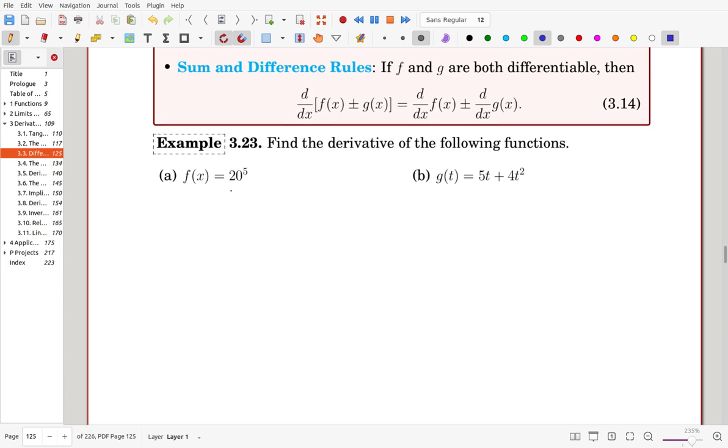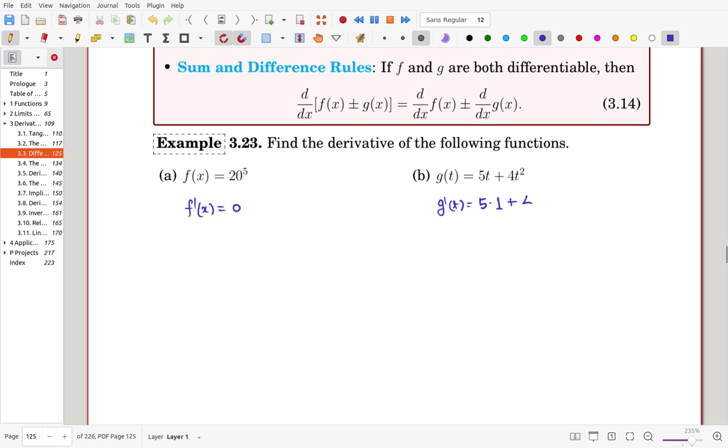Okay, f(x) is given as a constant, then f prime of x must be 0. Okay, for that one, g prime of t is the same as, now it is a constant multiple, and the derivative of t is 1. That is t to the 1, the 1 will go out, t to the 0 is 1.